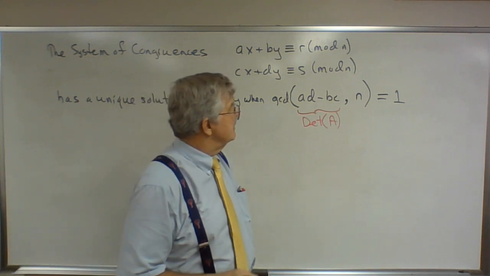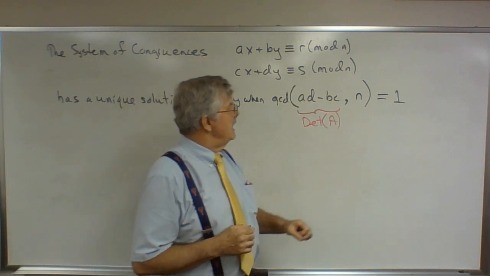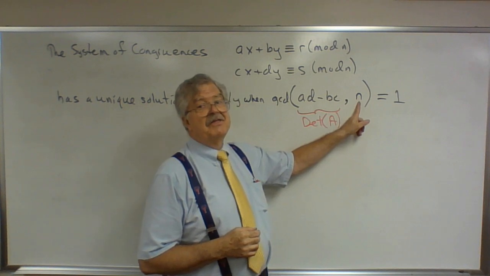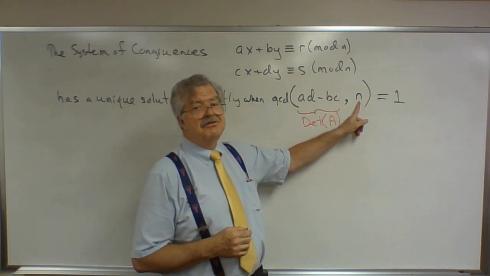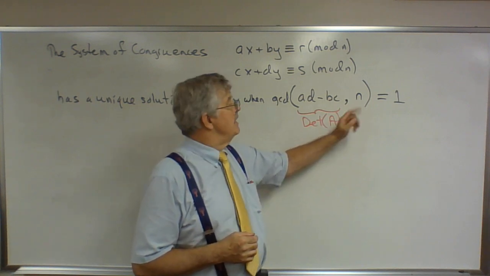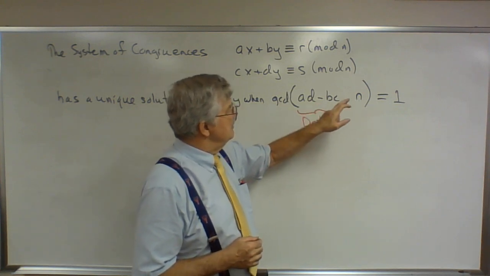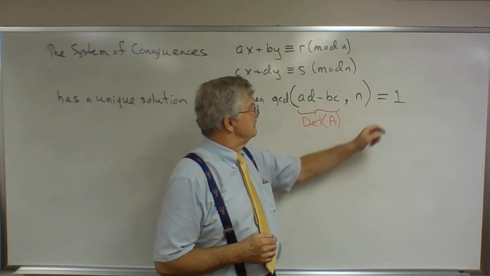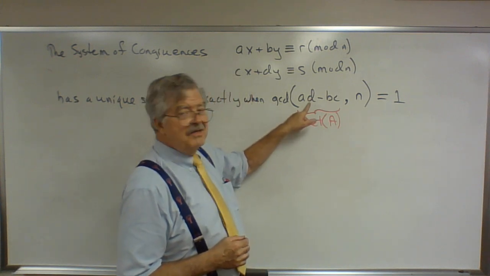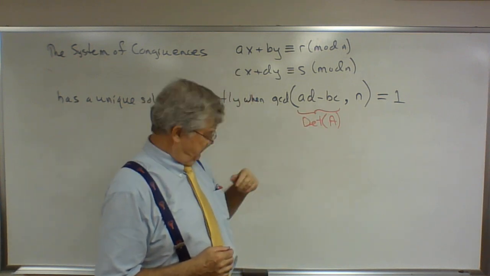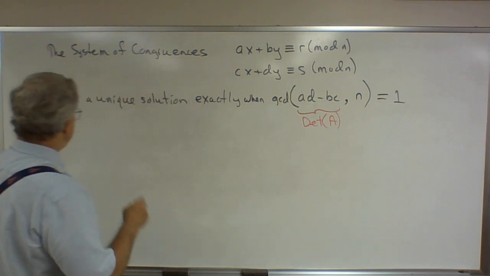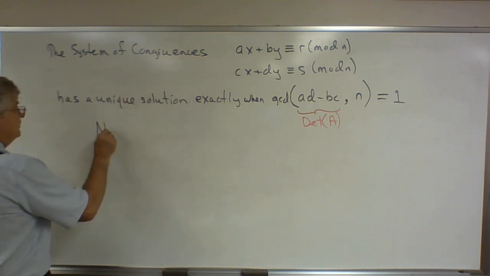Doesn't happen. So the only way, considering the fact that n has to be at least as big as 2, the only way that the greatest common divisor of this thing and this thing can equal 1 is if this thing is not 0. So that's an important observation right there.